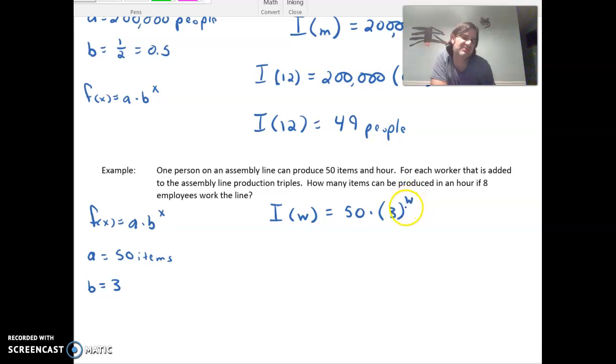So 50 times 3 to the W. And then it asks how many items can be produced if 8 employees work the line. Well, we might be getting out of realistic information here, but we'll just go with what the formula says. 50 times 3 to the 8th.